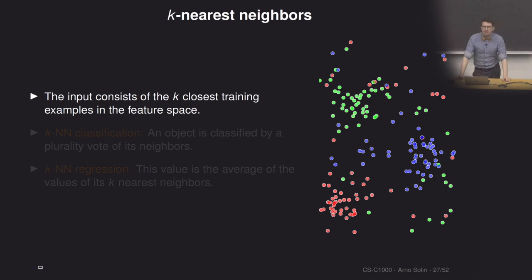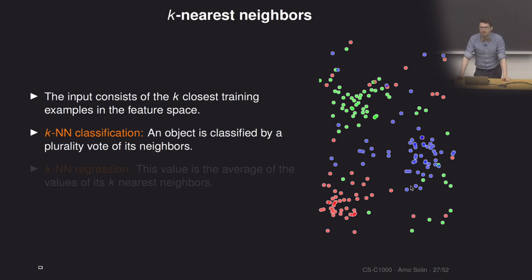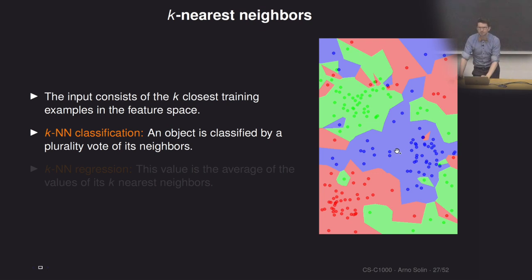And in k nearest neighbor classification, for any prediction point, let's say I would like to predict if I would have a test point that would end up here, what would you think the label should be? What should it predict the label to be? Probably blue, I hear from the audience. I agree, because the closest points are blue. And now the decision boundaries would look like this.